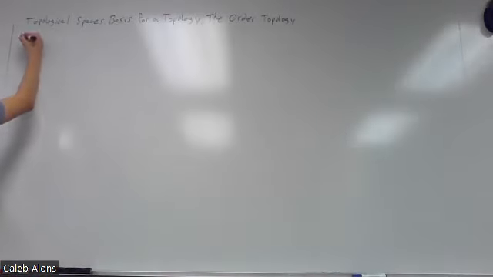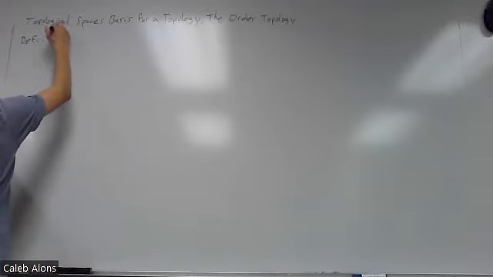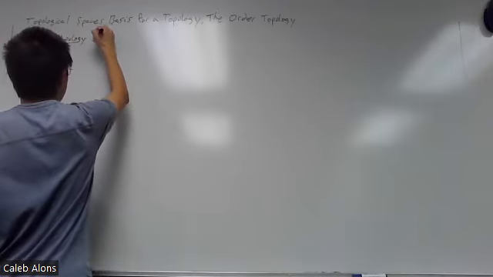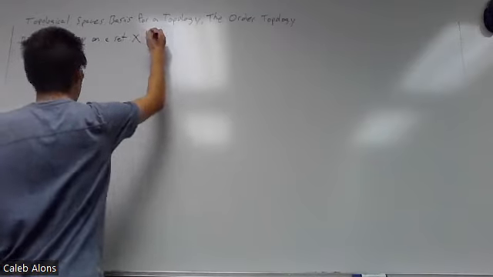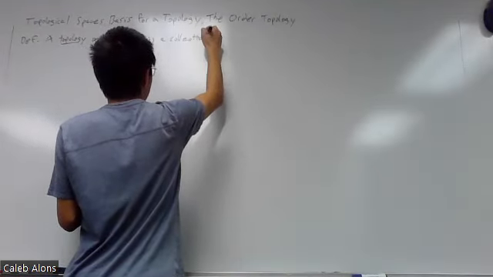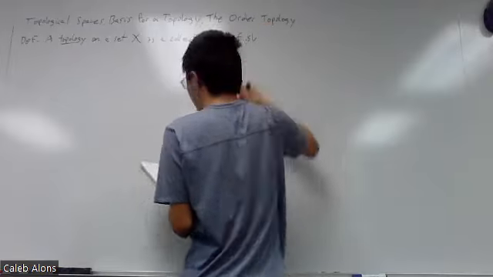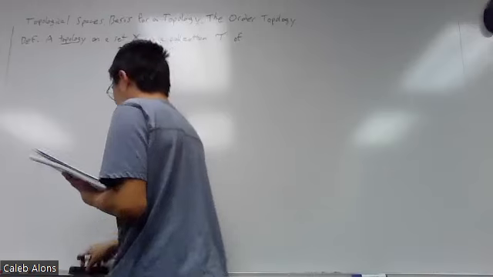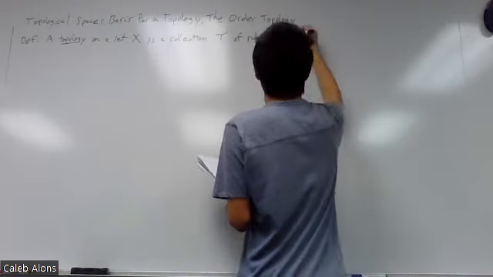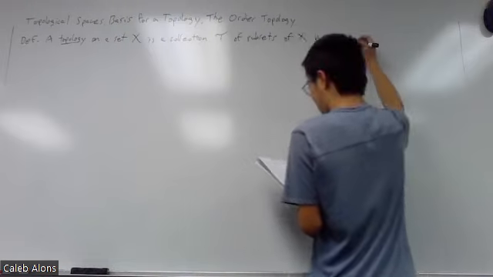We'll start with the definition of a topology. It seems like a good place to start. So a topology on a set X is a collection T of subsets of X having the properties.